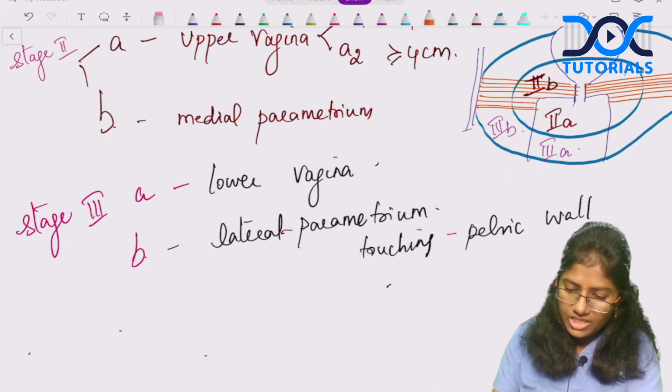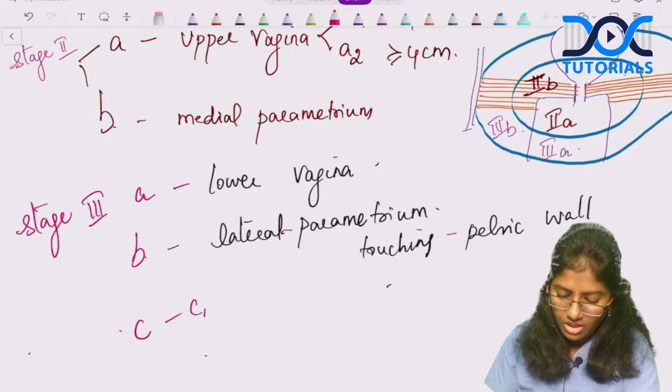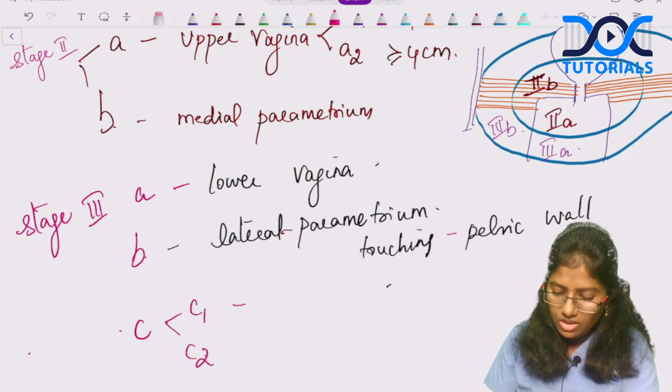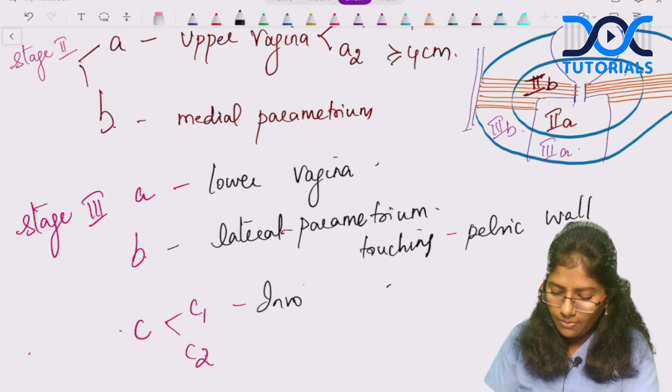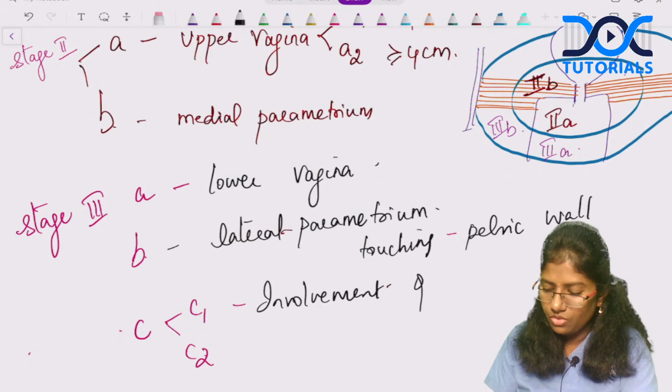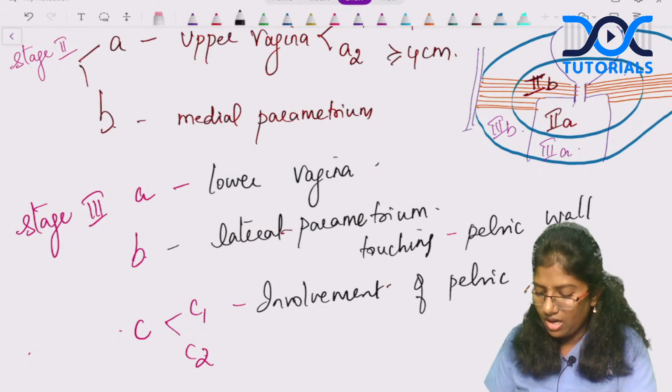Stage 3C. In 3C we have C1 and C2. C1 is involvement of pelvic node and C2 is involvement of para-aortic node.